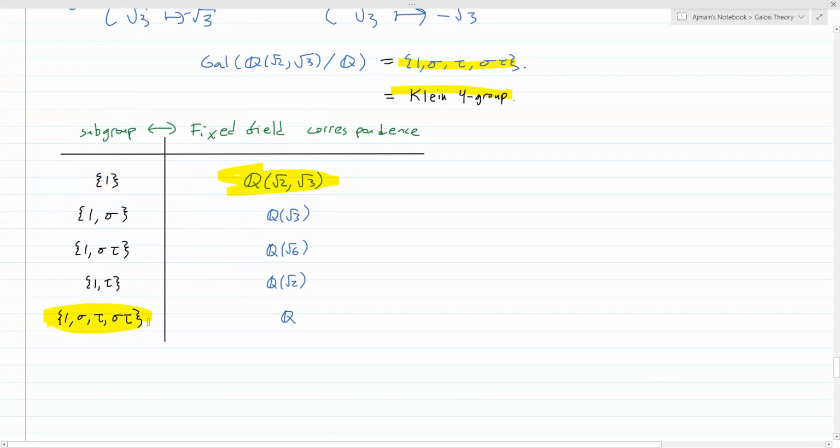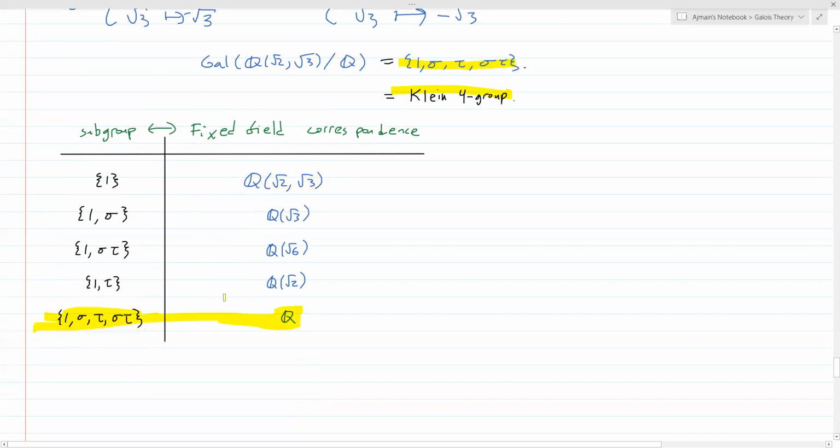Let's look at the fixed field of the whole group. Well, sigma changes square root of 2, so square root of 2 is not in the fixed field of the whole group. Tau changes square root of 3, so square root of 3 is not in the fixed field of the whole group. So it doesn't have any of the algebraic generators. So it's just Q. The fixed field of the whole group is just Q.